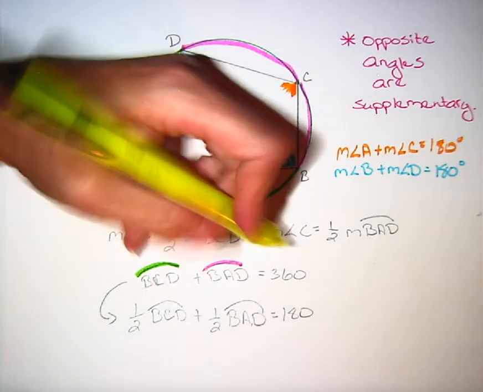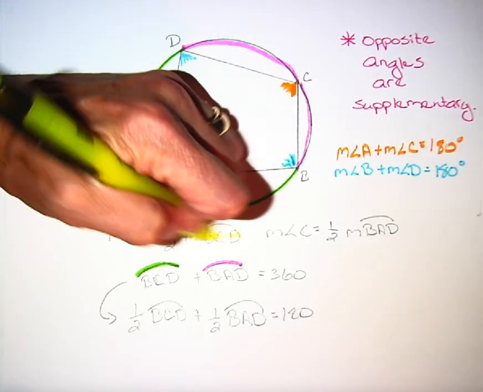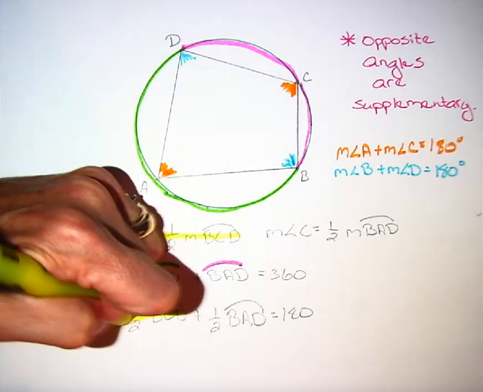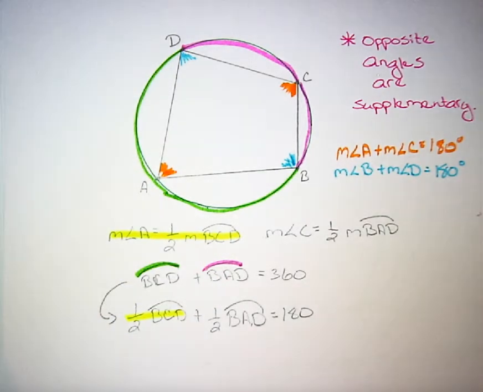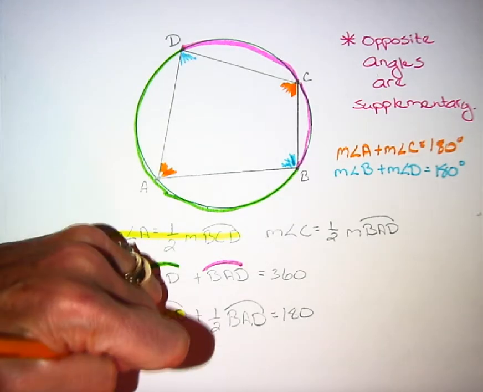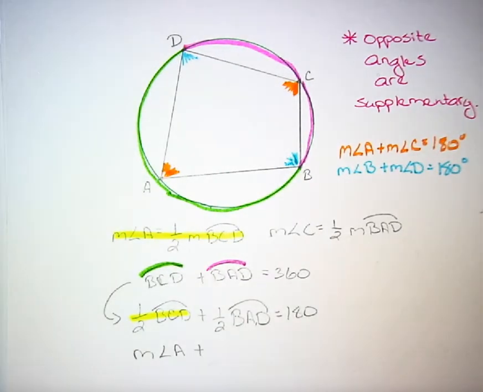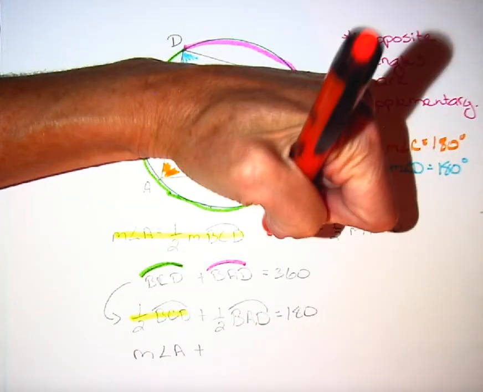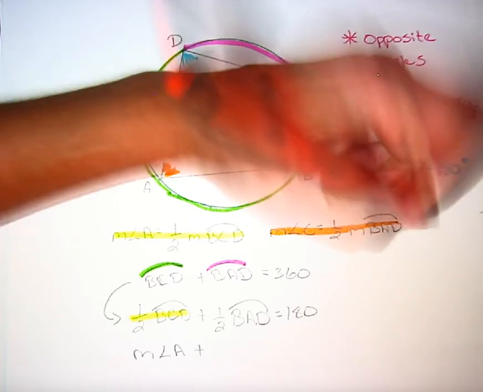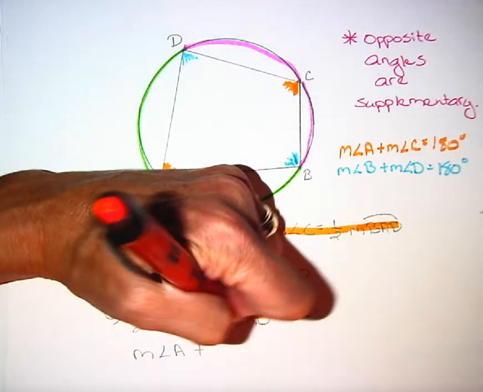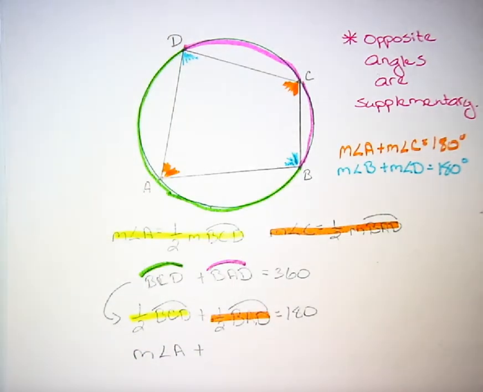If I look right here, the measure of angle A equals 1/2 the measure of BCD. So I could substitute the measure of angle A in, and if I look at what I have over here, the measure of C equals 1/2 the measure of BAD, so I can substitute that in right there.